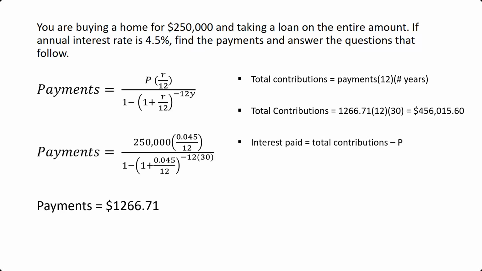If we're paying $456,000 for the house and it was only $250,000, if we subtract them, we paid $206,000 in interest. Enough to buy another house.